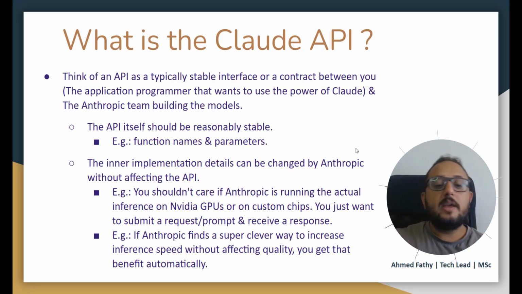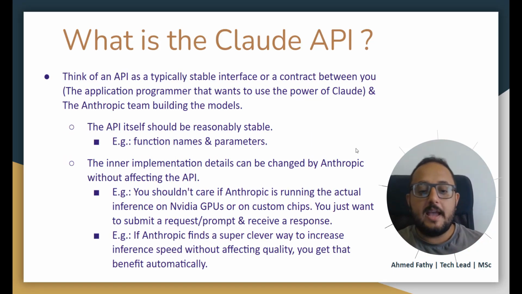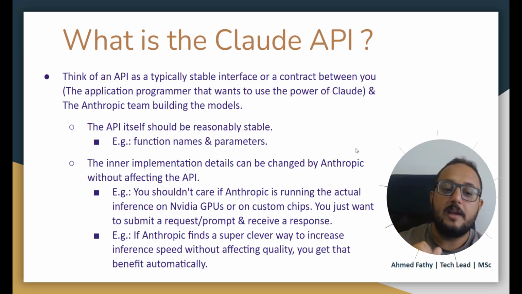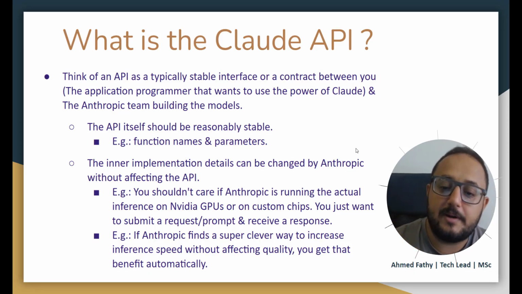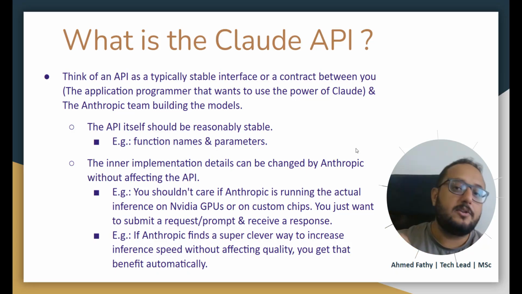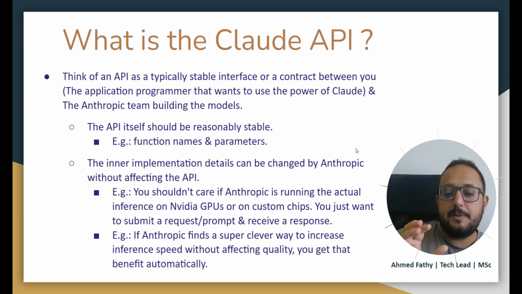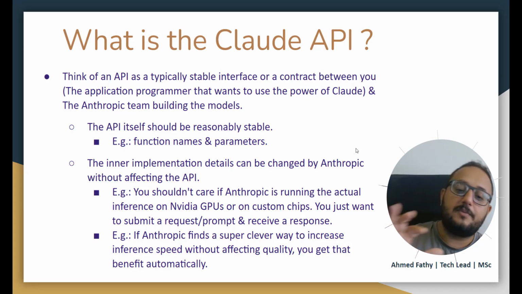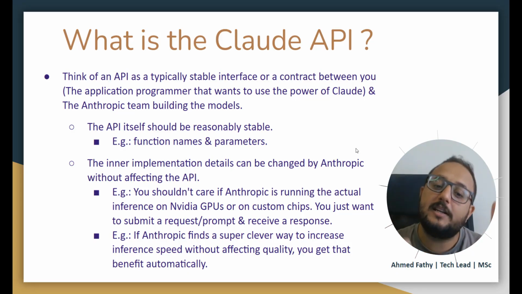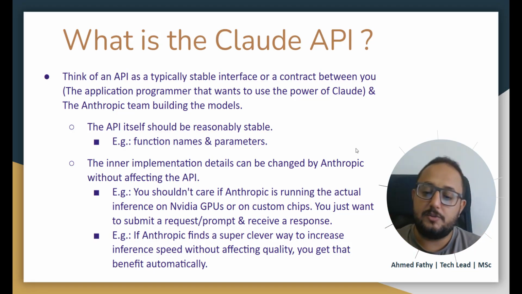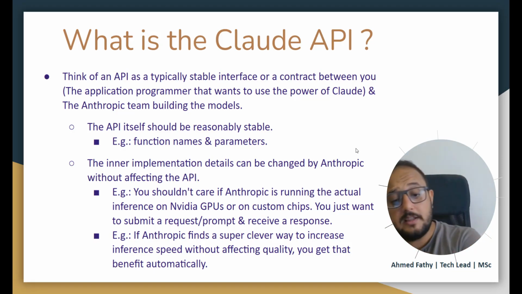Okay, so you can think of an API as a typically stable interface or contract between you, the application programmer, and Anthropic, the team building the models. The API itself should be reasonably stable, like the function names and parameters and so on. The inner implementation details can be changed by Anthropic without affecting the API.